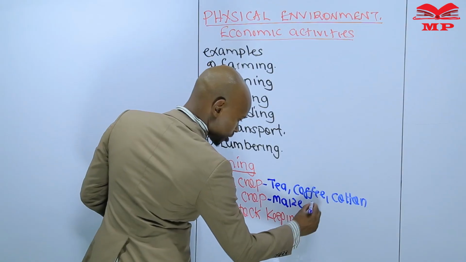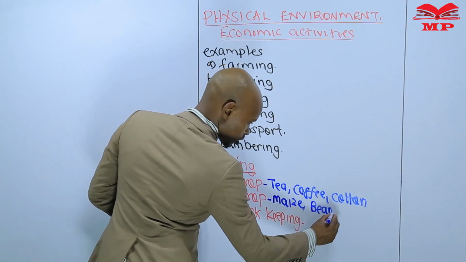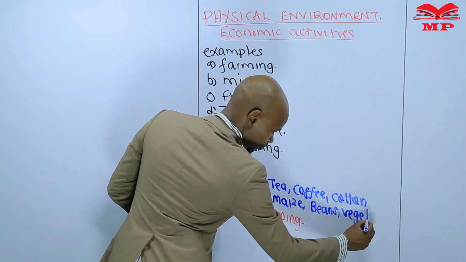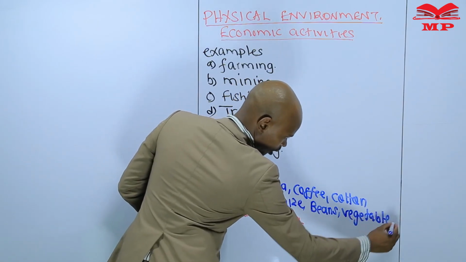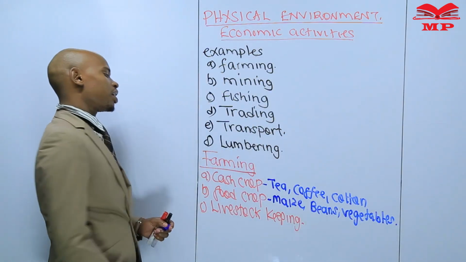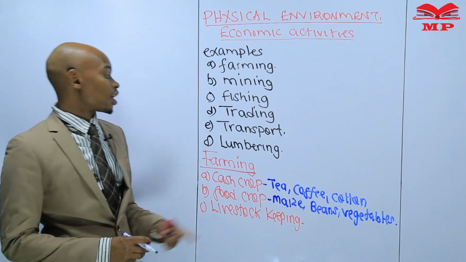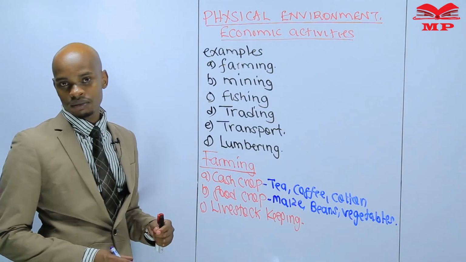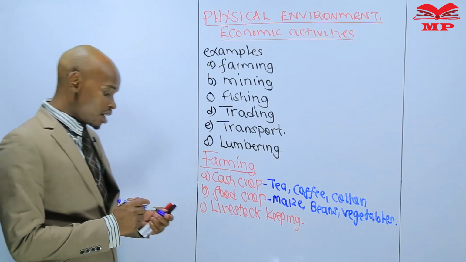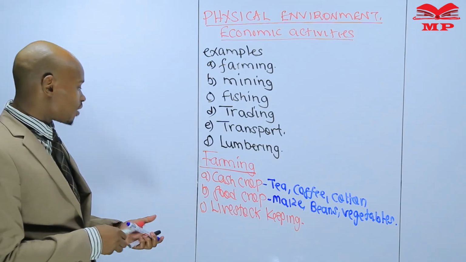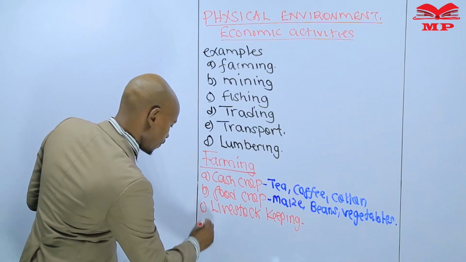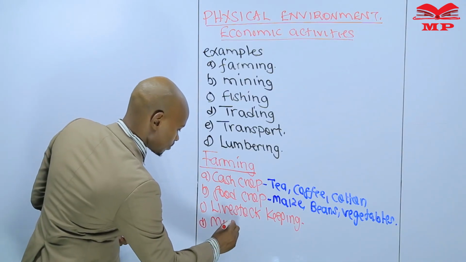Food crop farming, maybe there is maize, beans, vegetables. Then we shall say that in that area what they have in the name of farming is food crop farming. And in case they have both cash crops and food crops, then we shall say they have mixed farming.